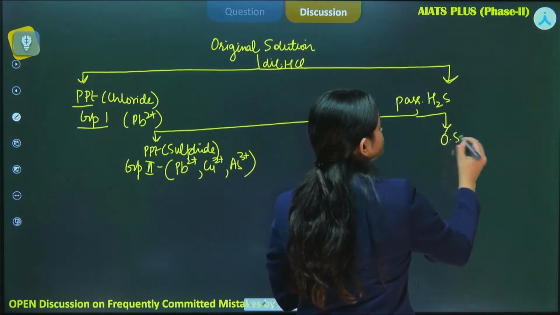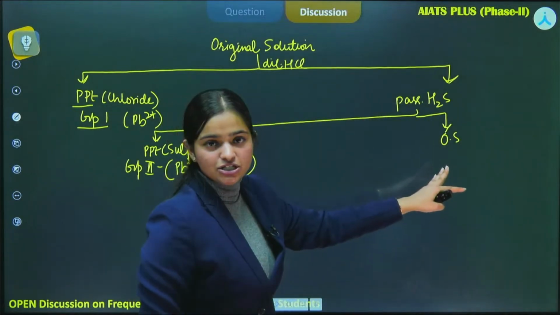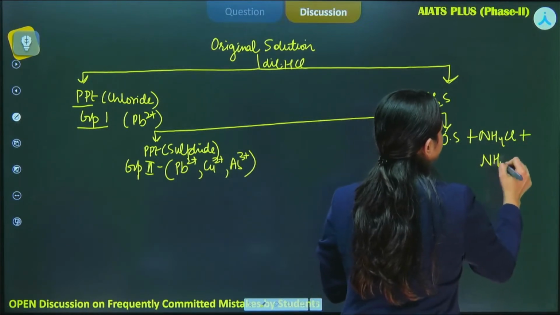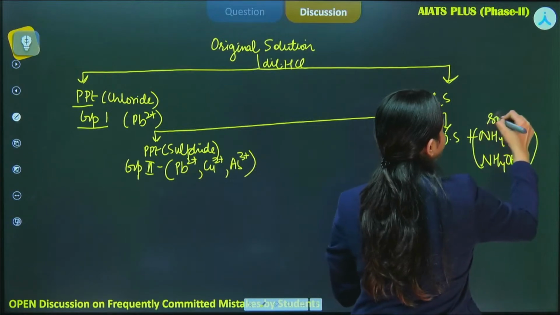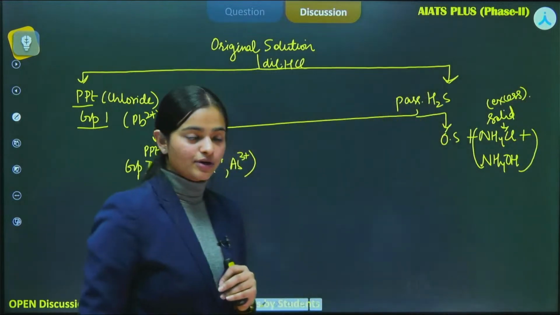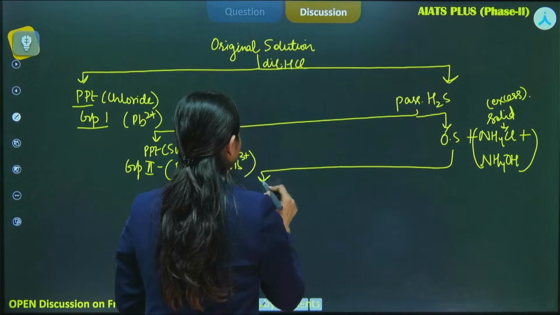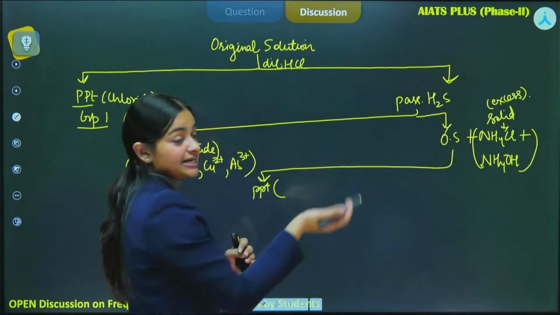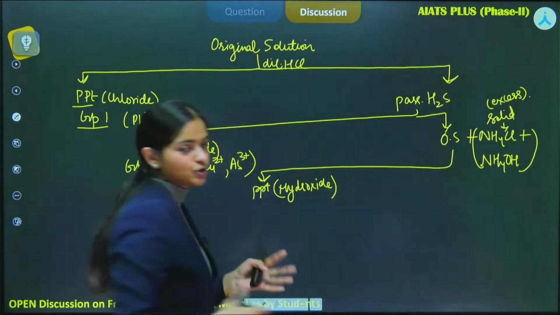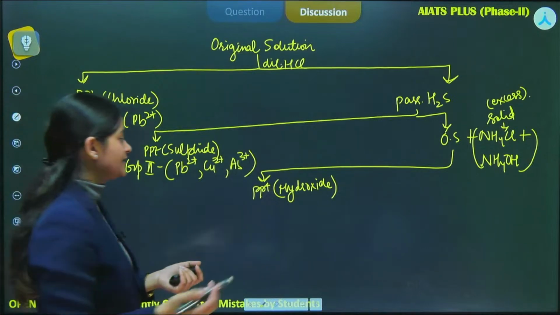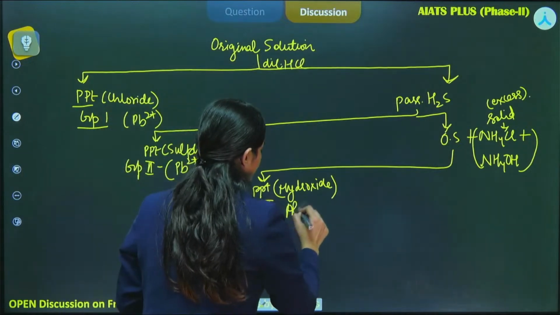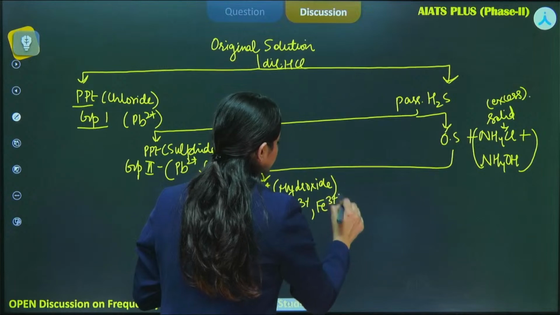We take the original solution, I am writing it as OS only, and then add NH4Cl in excess and NH4OH in excess. Now if the PPT is formed, then the PPT is basically a hydroxide, and it will become group 3.